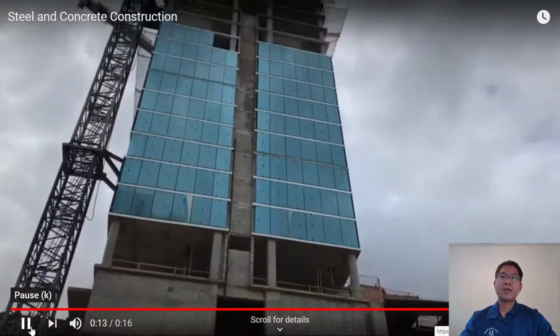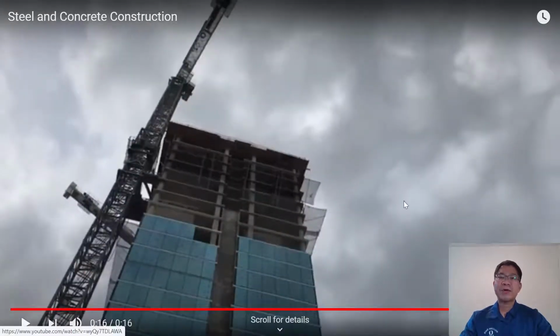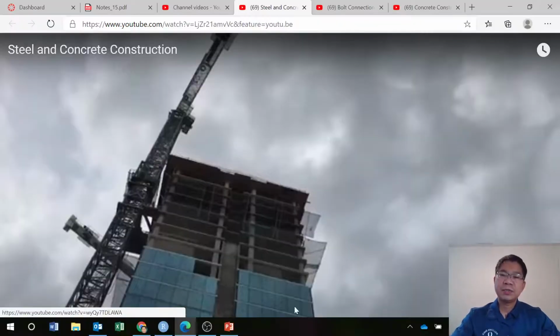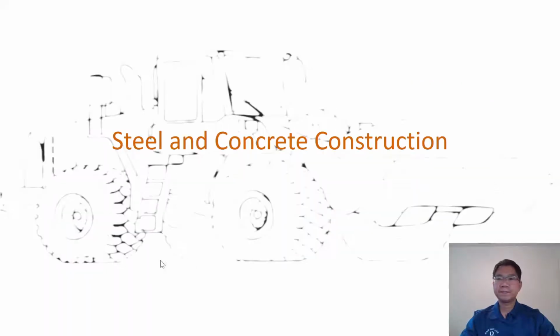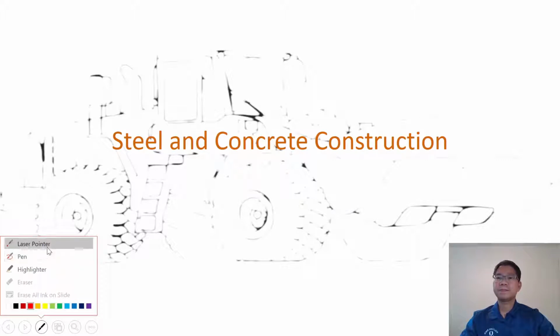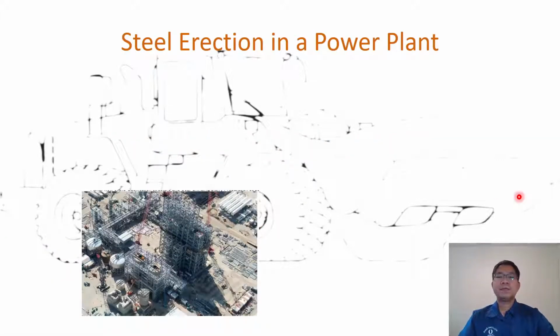And that is the topic we discuss in this lesson. And the tower crane that you can see there. So let's go to the steel construction. See the application in the power plant.